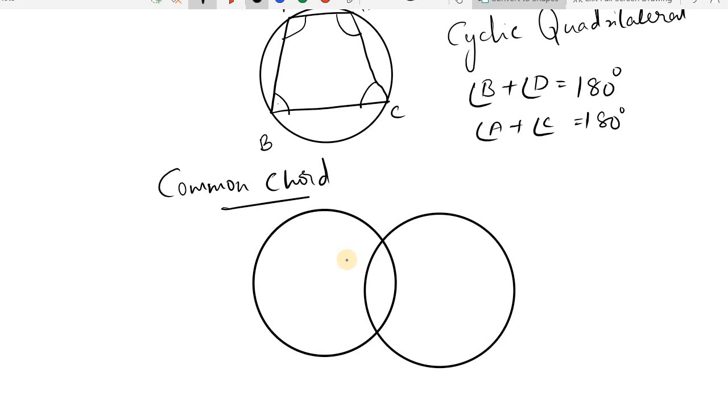Now, if I were to draw a line from this point O to O dash, this O dash is a chord in circle A as well as being a chord in circle B. So it is created out of joining the points of intersection of these two circles. So this is known as a common chord.